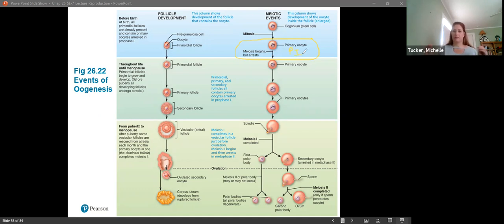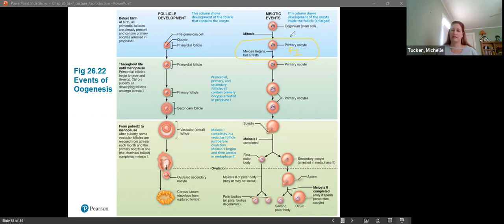Unlike when sperm are produced, you get the initial mitotic division, and then one daughter cell A stays back in the germ cell line, and daughter cell B continues through meiosis 1 and meiosis 2, producing 4 equal spermatids.